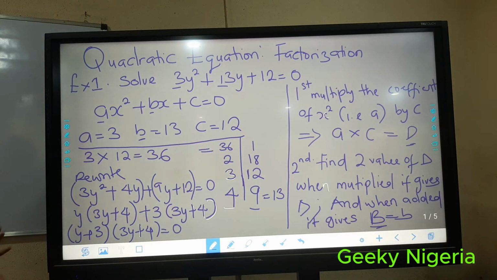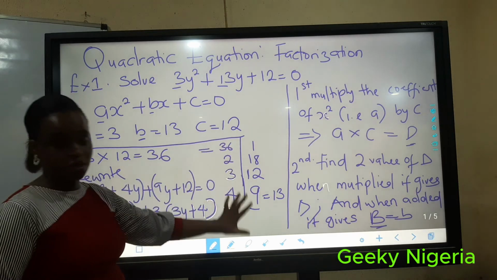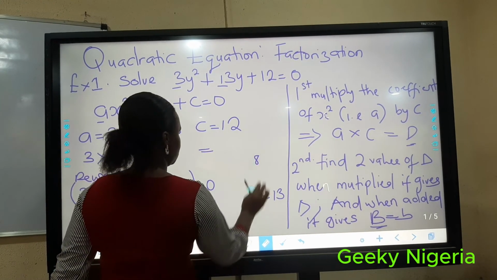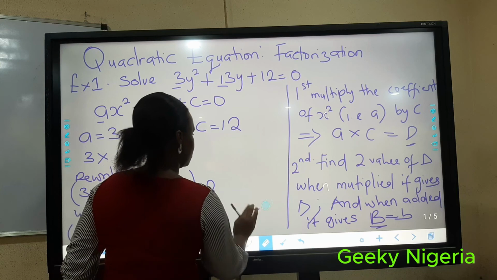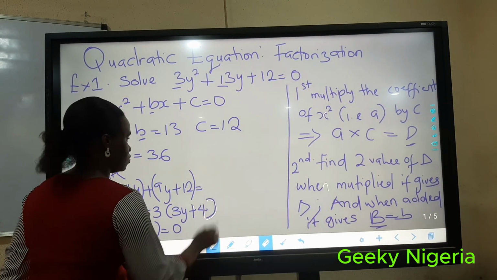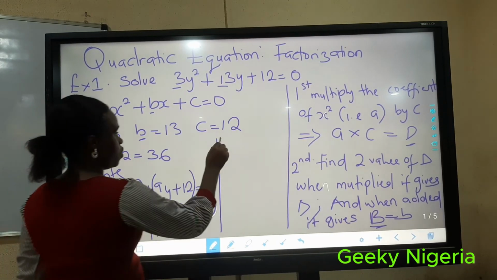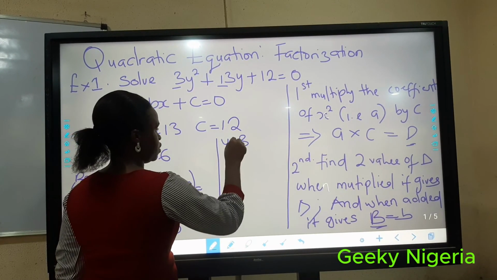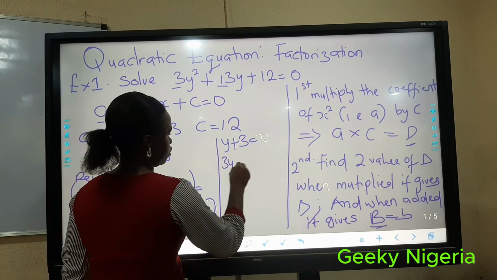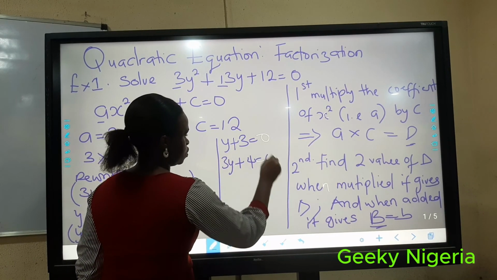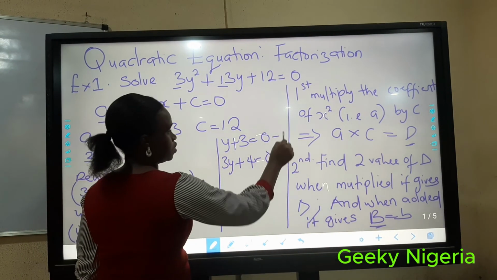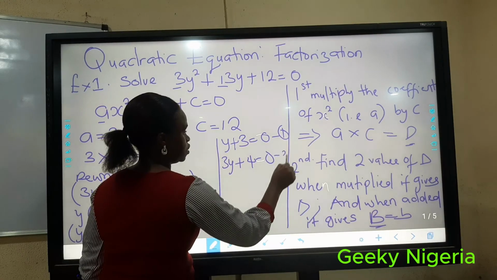To finish our factorization, we equate each factor to 0: y plus 3 is equal to 0, and 3y plus 4 is equal to 0. So we have two separate equations. Let's call this the first equation and this the second equation.